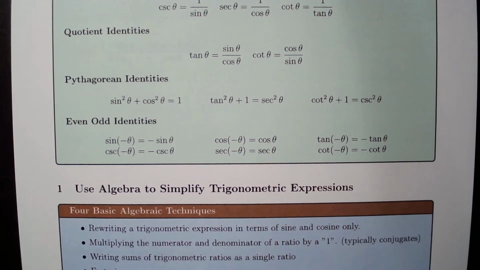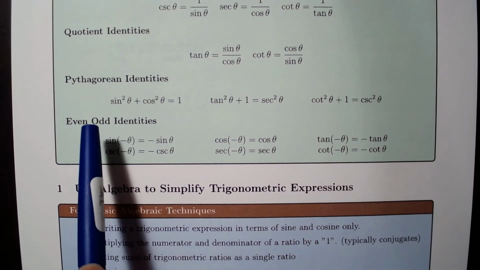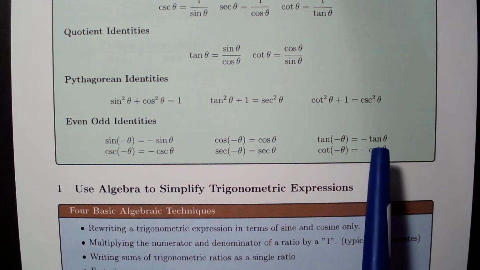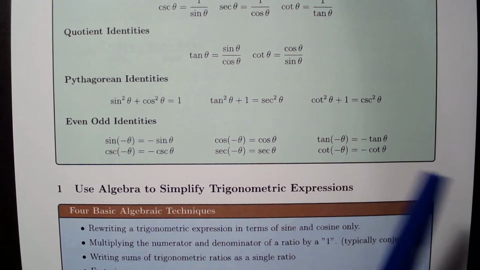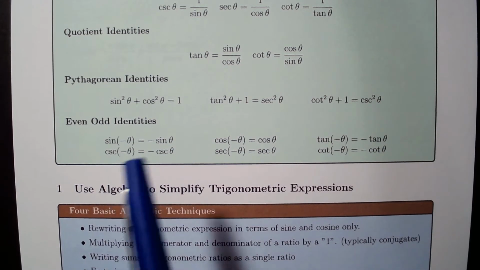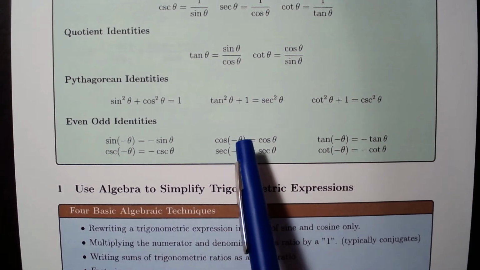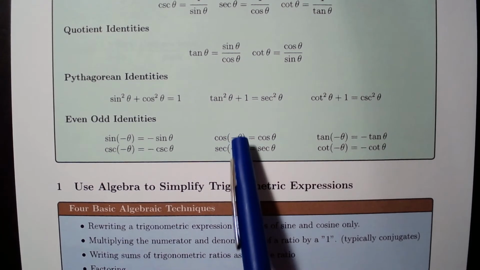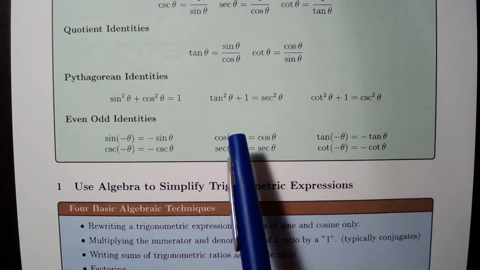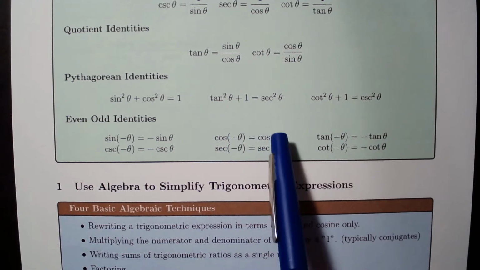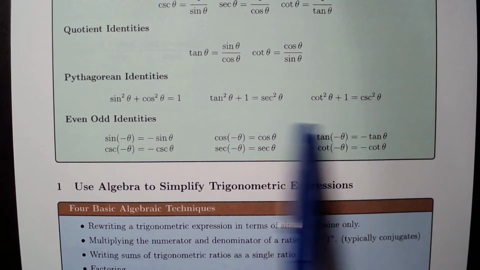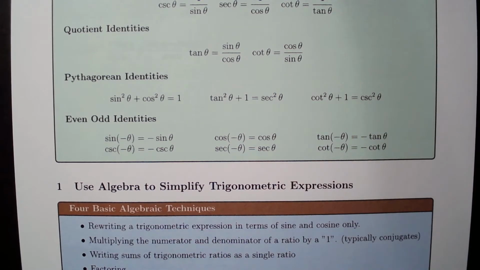Of course, we have the even-odd identities that will come in handy in this section as well. Just recall that only cosine and its reciprocal secant are even functions. That is, when we evaluate them at a negative angle, the negative disappears. The remaining functions are odd functions.